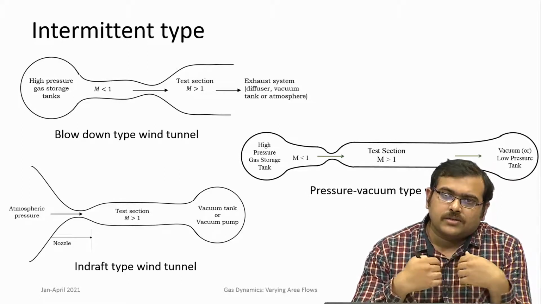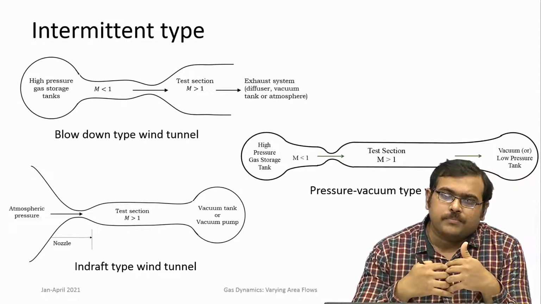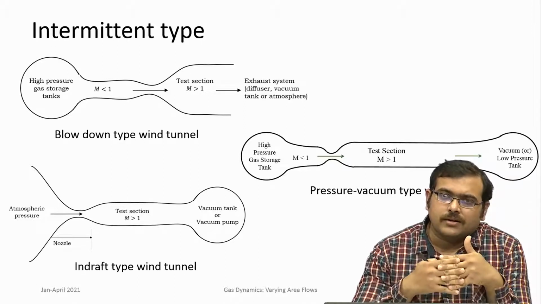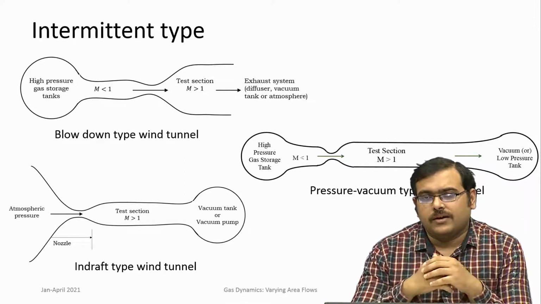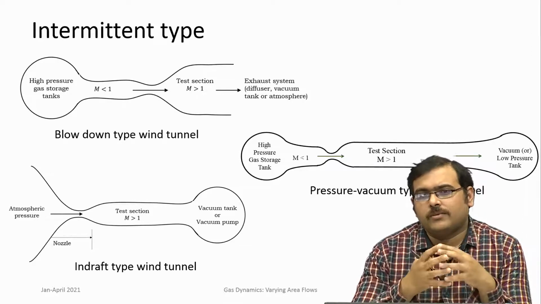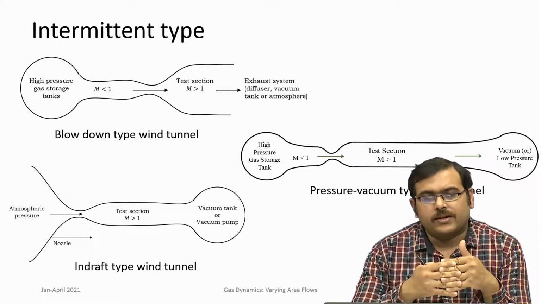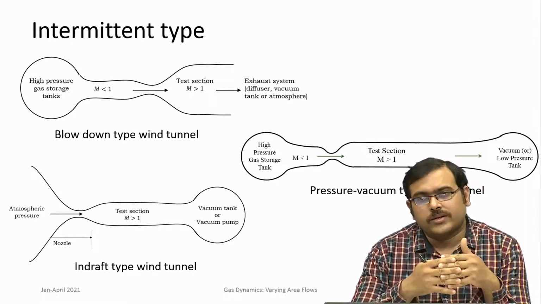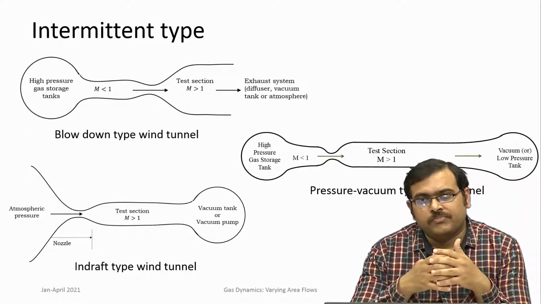A compressor is used to fill these high pressure tanks over a longer duration of time. This ensures that you can do this compression effectively and store it in large tanks. It is very similar to having a rechargeable battery, and then when required this flow is passed through a nozzle and into the test section.